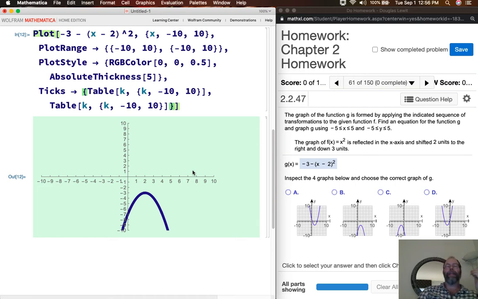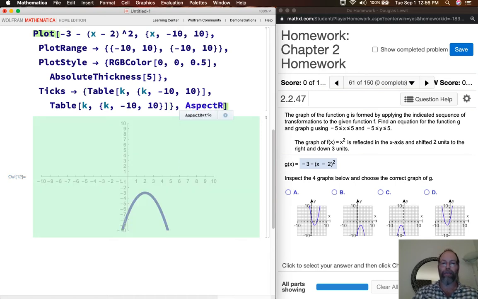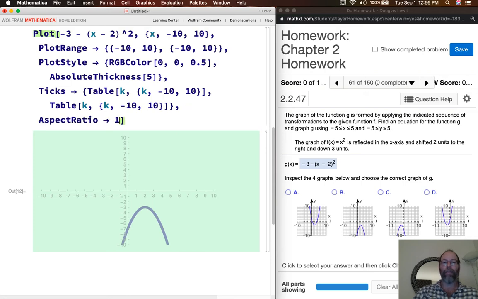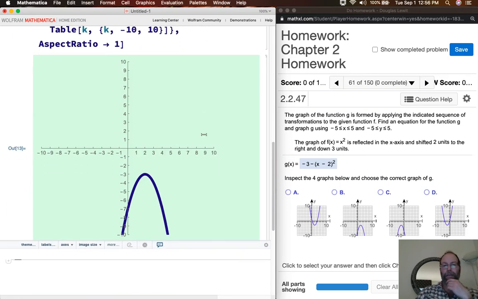The axes are not equal in length. So to change that, I would use the aspect ratio command and make it 1, which simply means that the y-axis and the x-axis have the same length. So that actually looks significantly better.